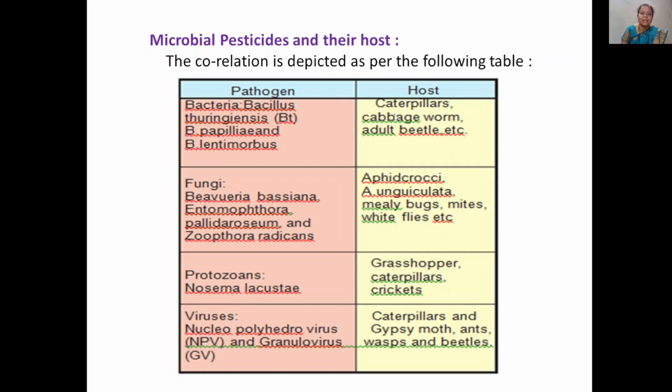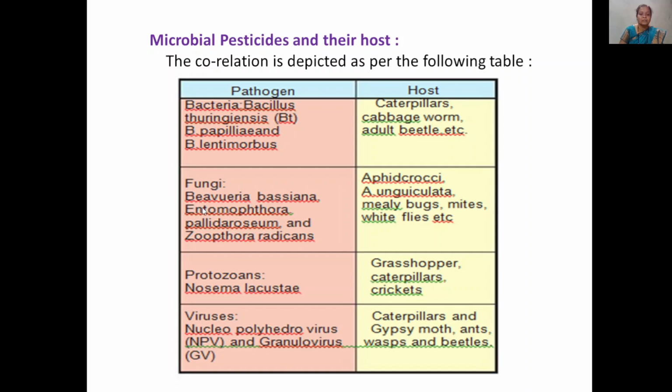Their host is caterpillars. Bacteria Papilli, their host is cabbage worm, and bacteria Lentimorphus, host is adult beetle. In these three pathogens, their hosts are caterpillar, cabbage worm, adult beetle, etc.